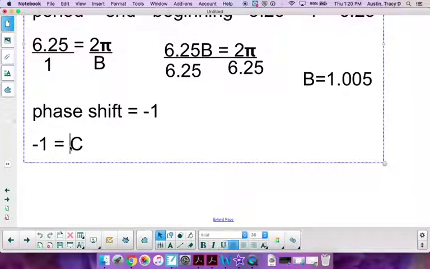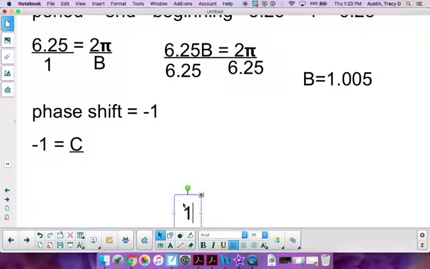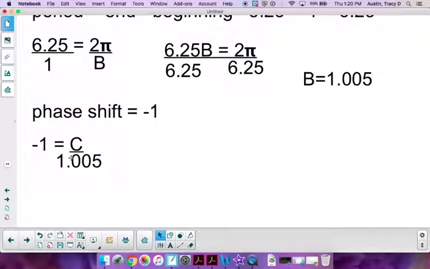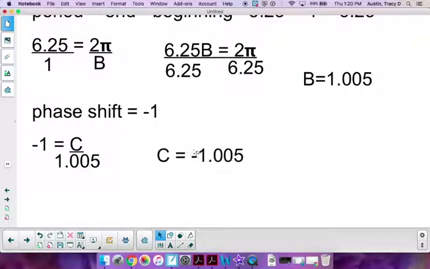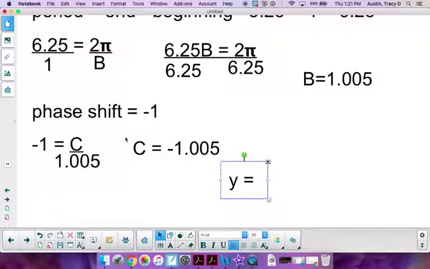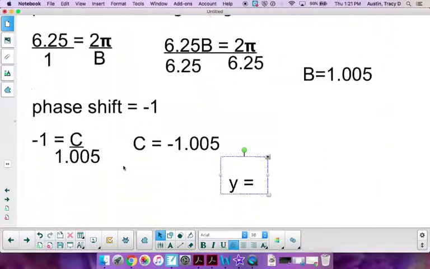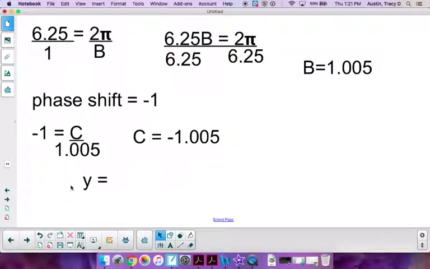So cross multiply to solve. C is going to equal -1.005. Okay, and we're going to put it all together into an equation. So y equals, and our graph goes up instead of down, so it's not a negative, thank goodness.